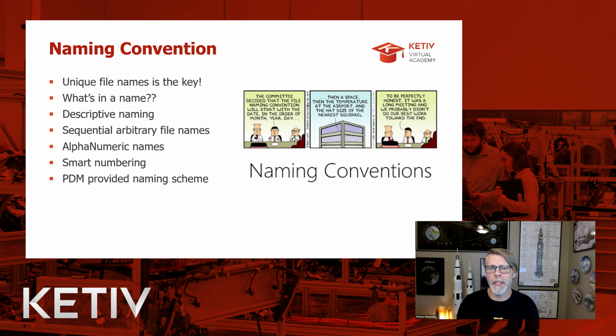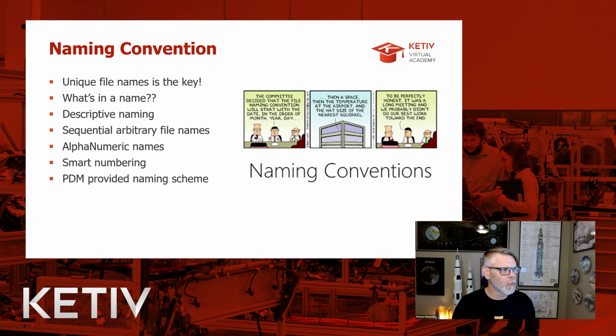A very common naming convention is the alphanumeric, A dash something, B dash something. Sometimes that's a good way to classify information by still using its file name, but not relying so much on some other file properties. So there's an opportunity there as well. Smart numbering, I've seen this. This is very common, where you have a file name and each character, whatever the value of that particular character is, might mean something different.